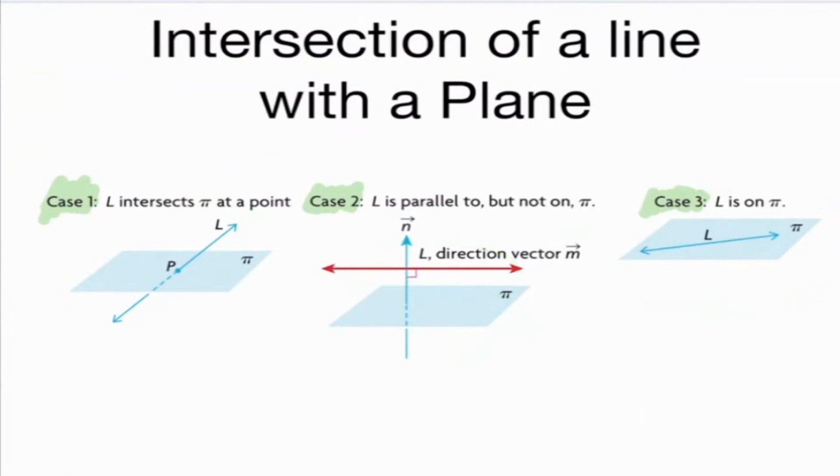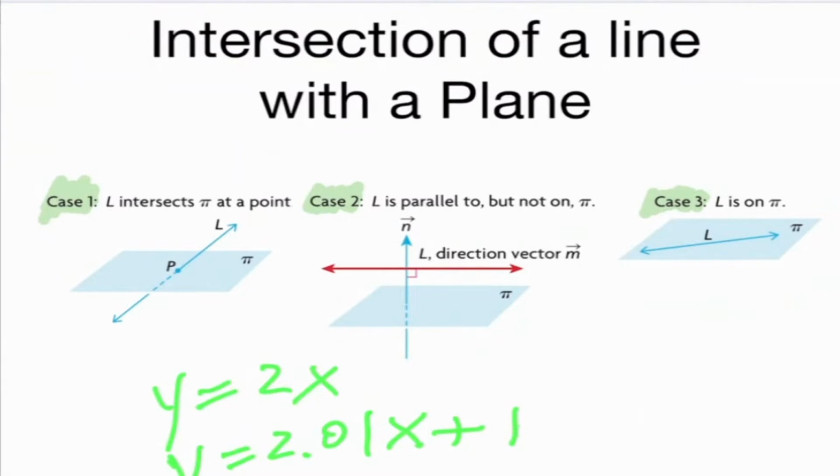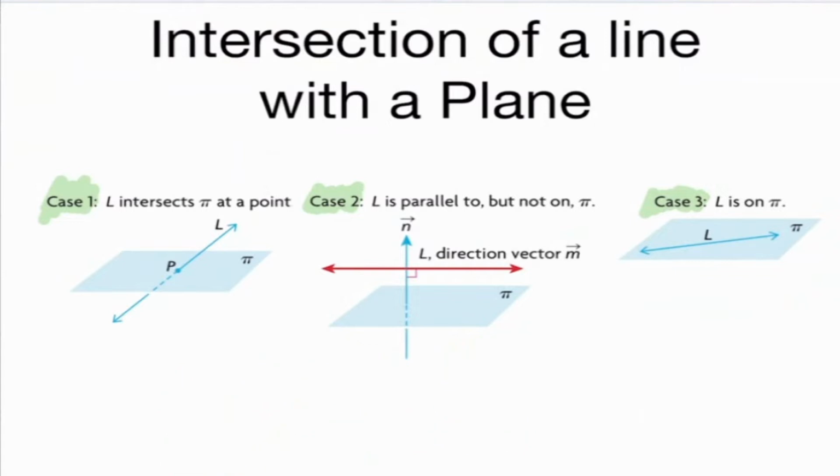It's like in grade 9: if you have y equals 2x and y equals 2.01x, those are going to cross, because their slopes are not the same.